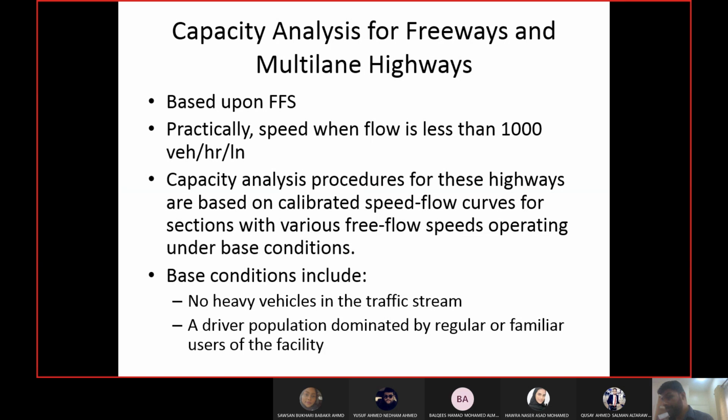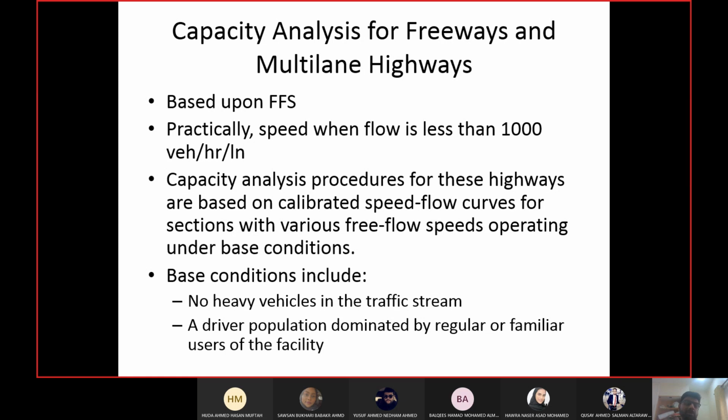So when you are following the procedures of the Highway Capacity Manual, these base conditions must be kept in mind. If the base conditions are not fulfilled, then you need some adjustments. So you will get the values as per the procedures, and then you will apply the adjustments. What are the base conditions? I will show 2 of them here, and then I will show some more later on as well.